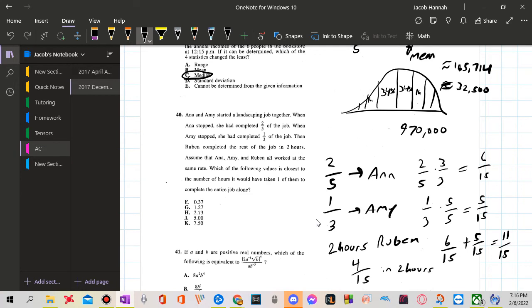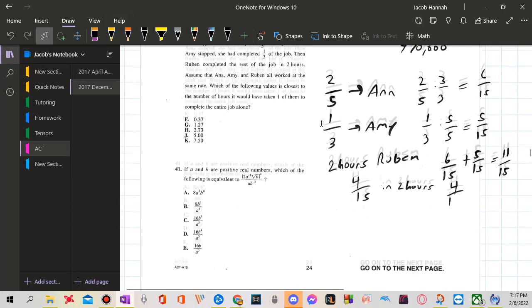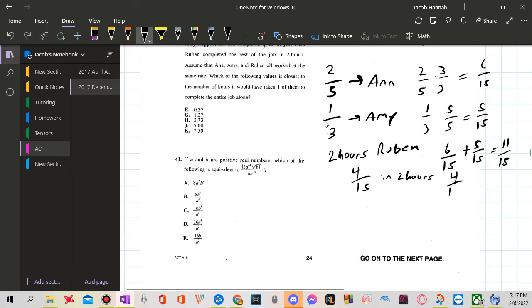So let's say it takes them about 2 hours. Let me scroll down, have some more room. Let's say 4/15 equals 2 hours.